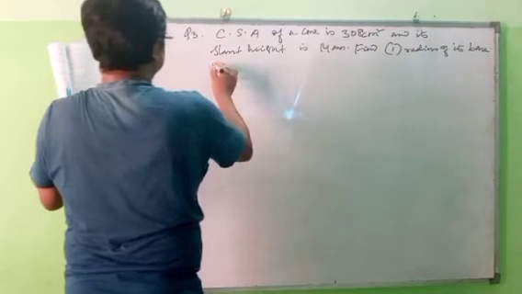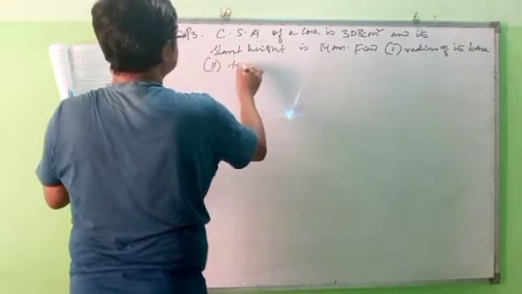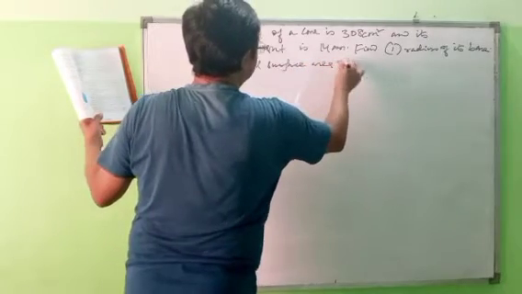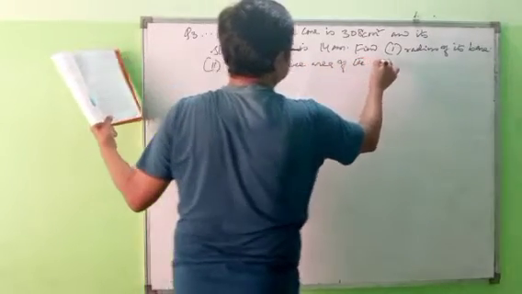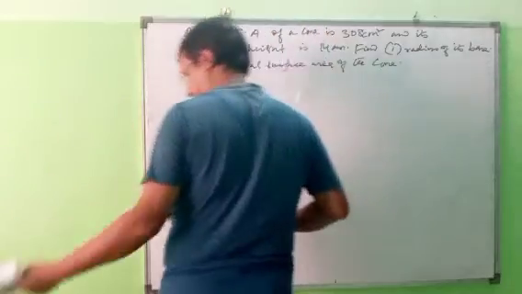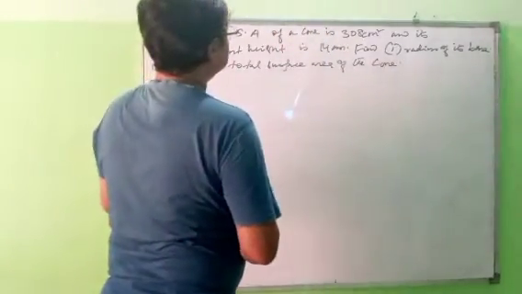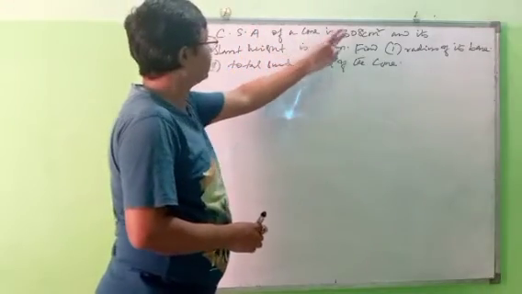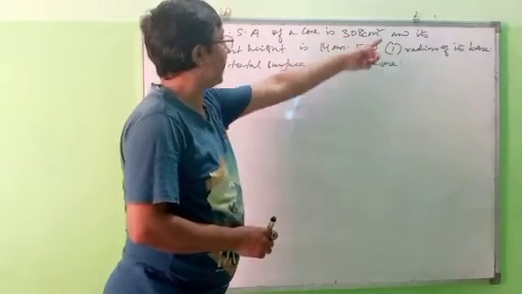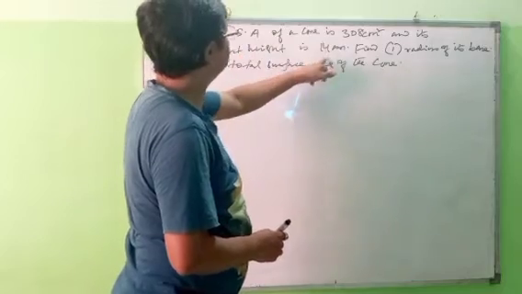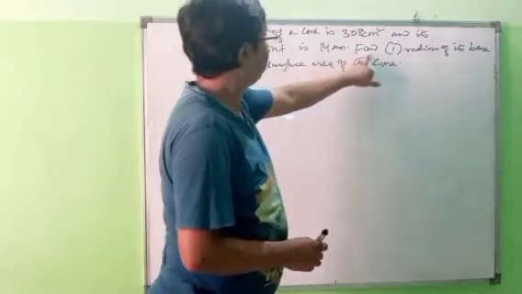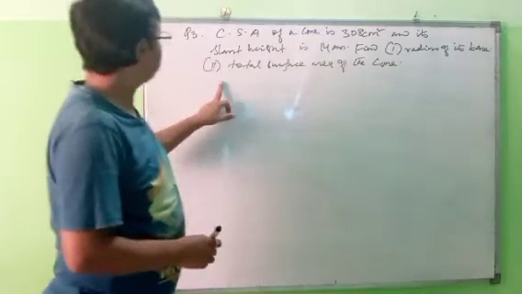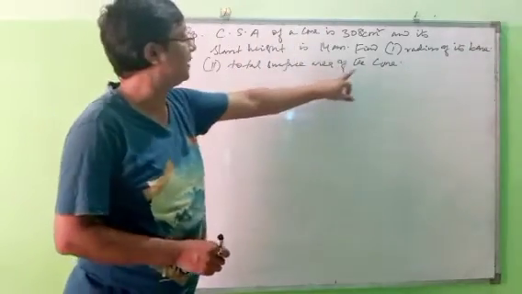Number 2, the total surface area of the cone. Here they have given the curved surface area of a cone is 308 centimeters square and its slant height. Find number 1, the radius of its base, and number 2, the total surface area of the cone.